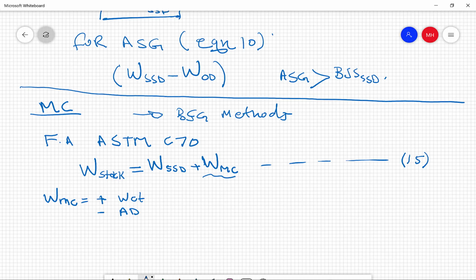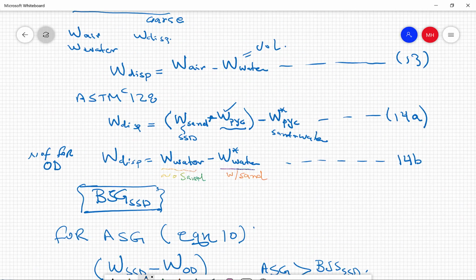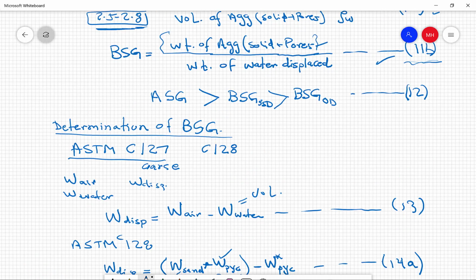So for coarse aggregate, use equation 11b. Let me keep going back and forth, just bear with me.